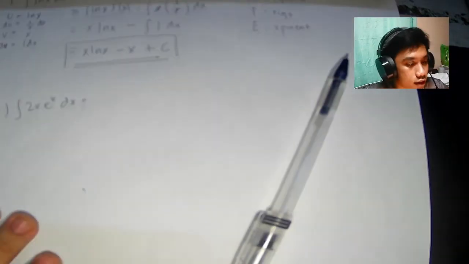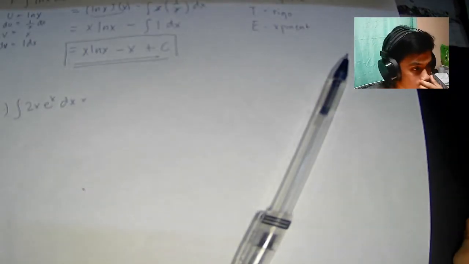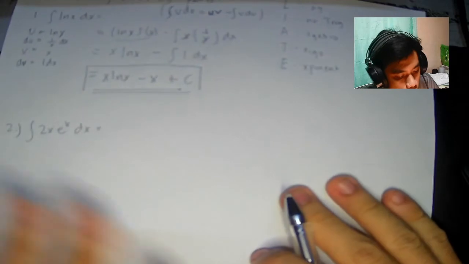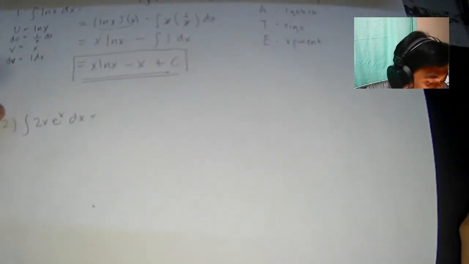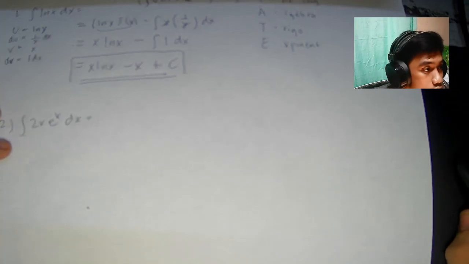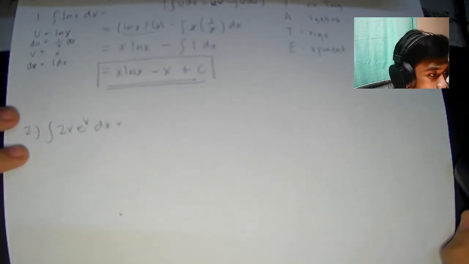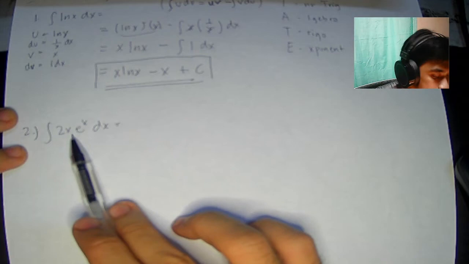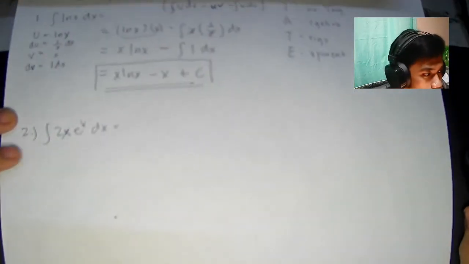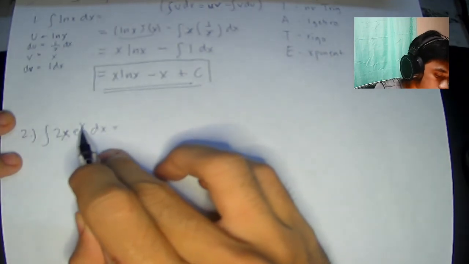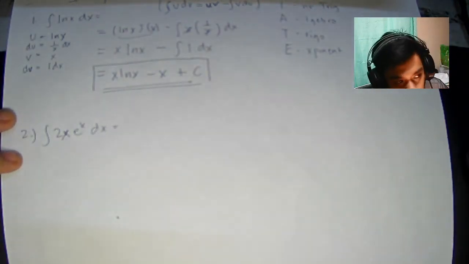So next, we have the integral of 2x e to the x dx.